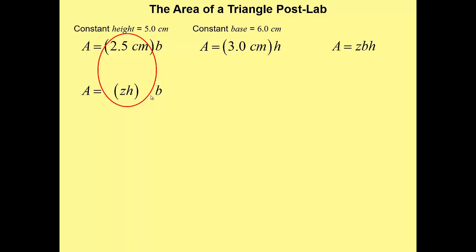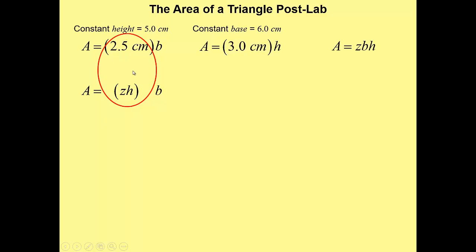See my little analogy there? If this math model we got from the linear graph of area versus base is going to actually describe our triangles, and our general math model, rewritten this way, is going to describe our triangles, then our slope had to be z times h.